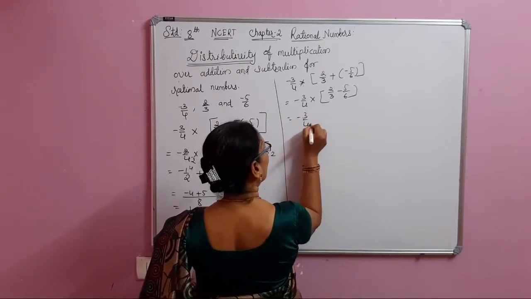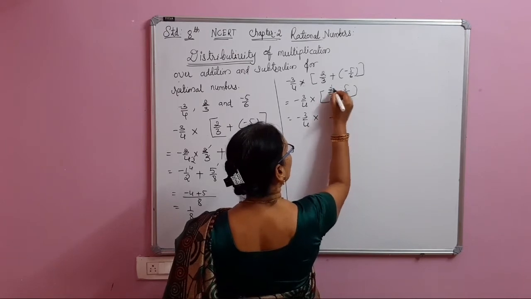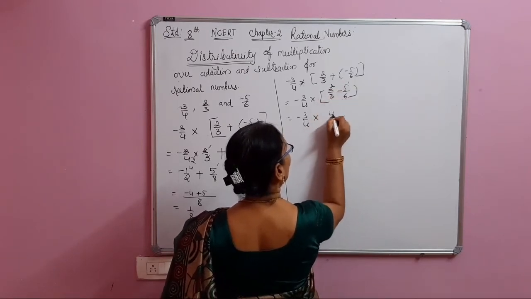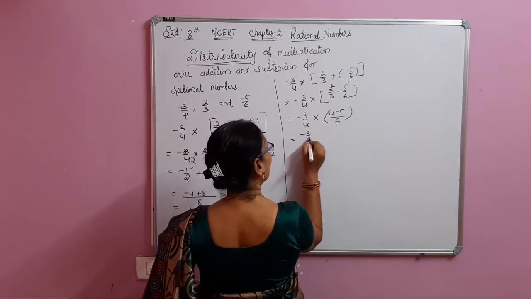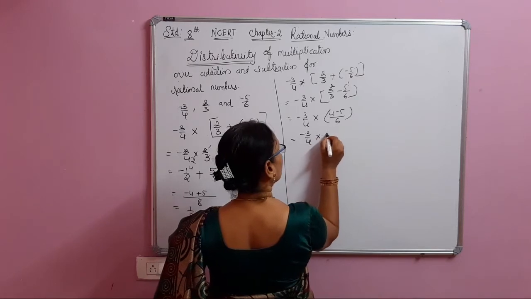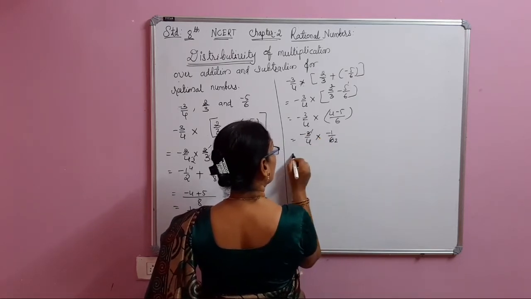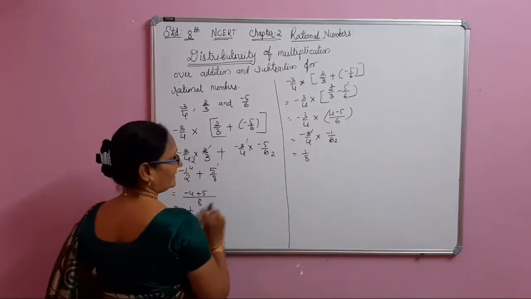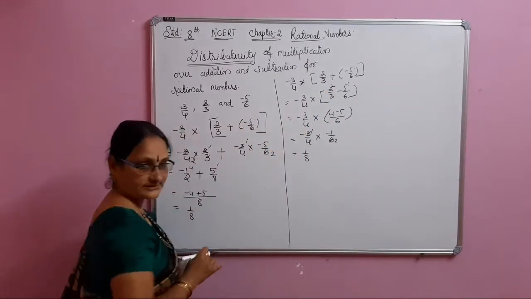Here LCM is 6, 3 2s are 6, so 4 minus 5, minus 3 by 4 into minus 1 by 6. 3 1s are 3, 2 4s are 8, minus into minus is plus 1 by 8. See here, 1 by 8, 1 by 8. This is the LHS and this is the RHS.